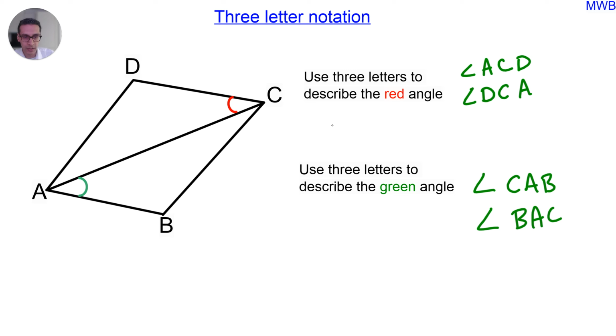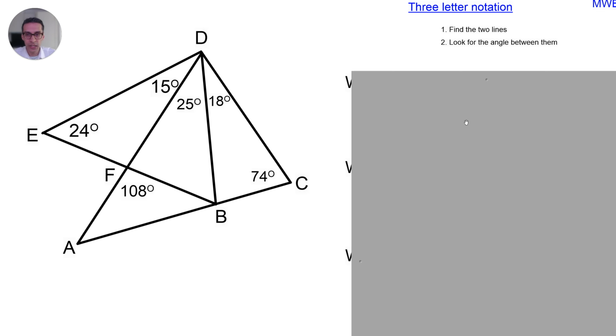You may have written this in a slightly different way. I'm going back to question 1. You may have written ACD with the hat on the C. Another way you can just write is angle ACD. But for now I'm just going to stick to this notation. Let's look at another practical example.